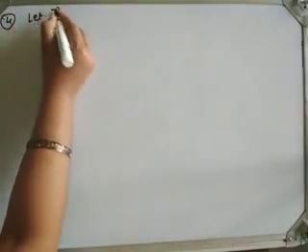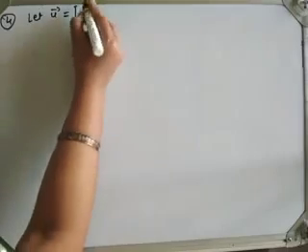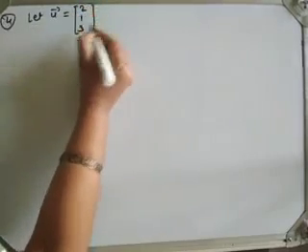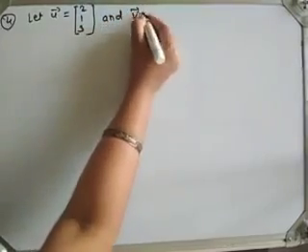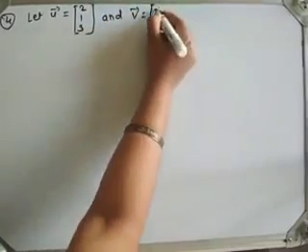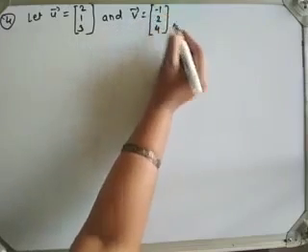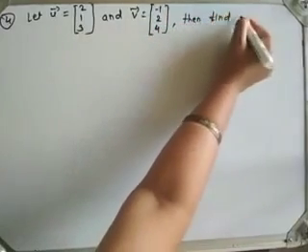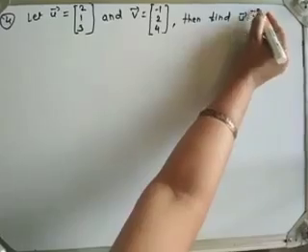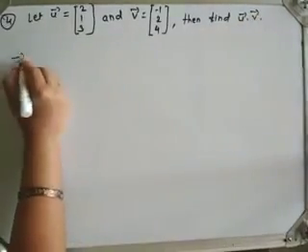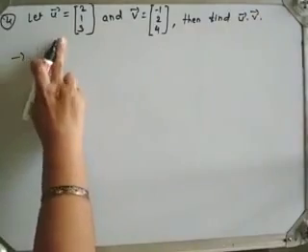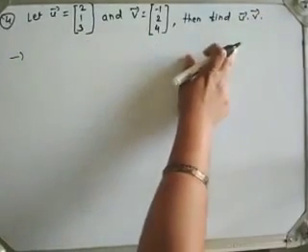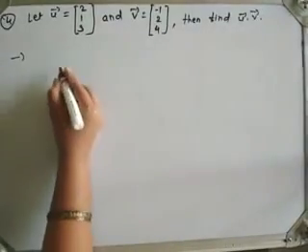Let us take the next example. Example 4. Let u bar be the matrix 2, 1, 3 and v bar be the matrix -1, 2, 4. Then find u bar dot v bar. Here u bar and v bar are given, and we have to find u bar dot v bar.